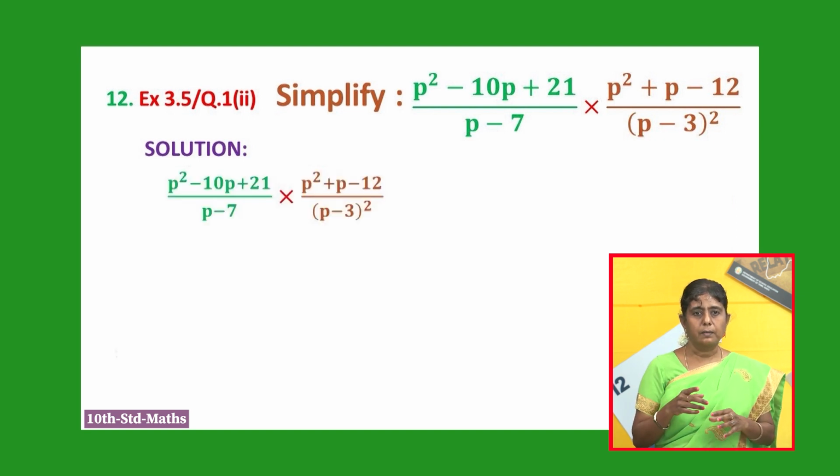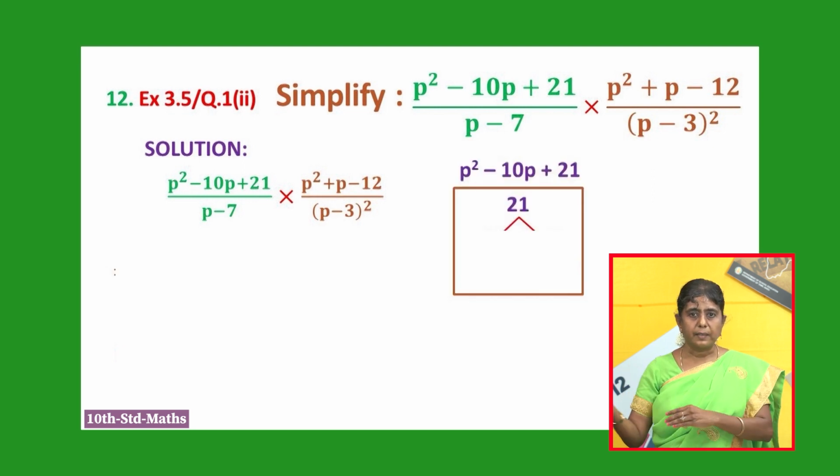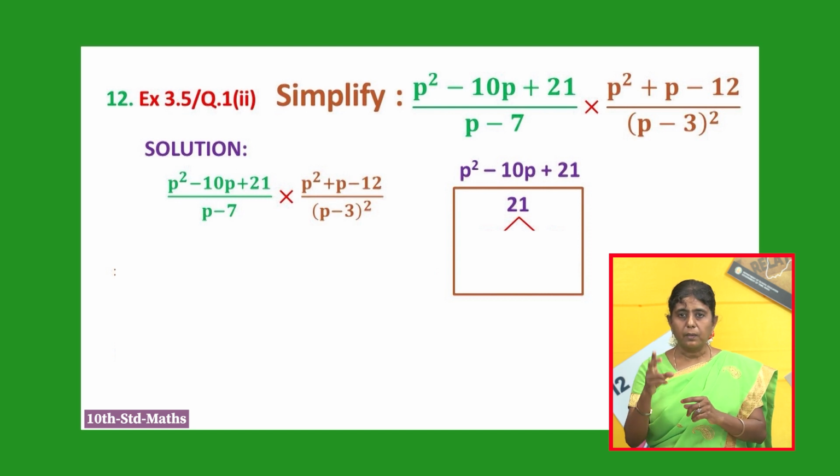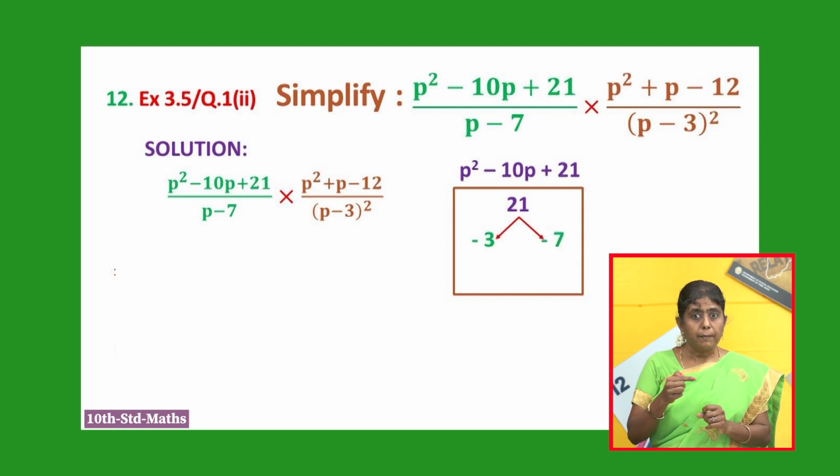Okay, let's take the first one, that is p square minus 10p plus 21. That was factorized in the screen, you can see that. 21, we should find two numbers. What are the two numbers that we have to find out? 3 and 7. But minus 10 is in the middle, therefore minus 3 minus 7.